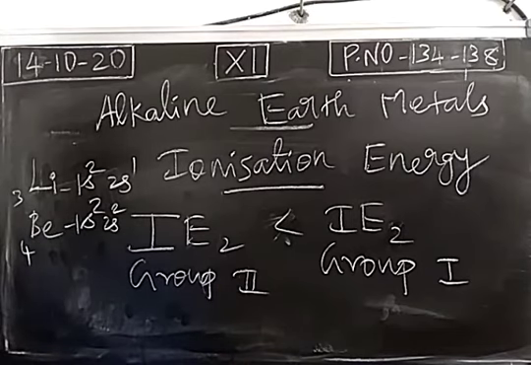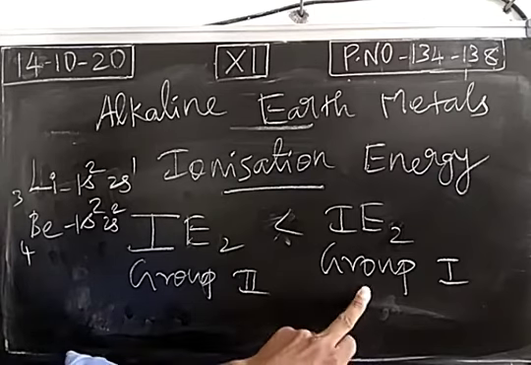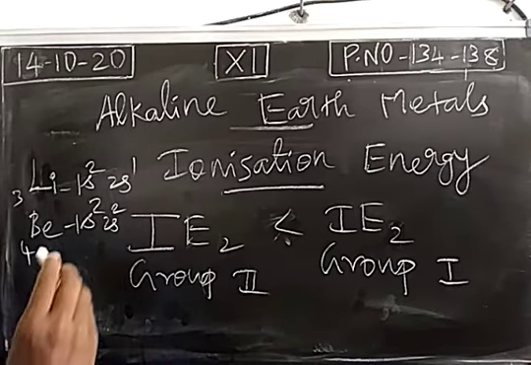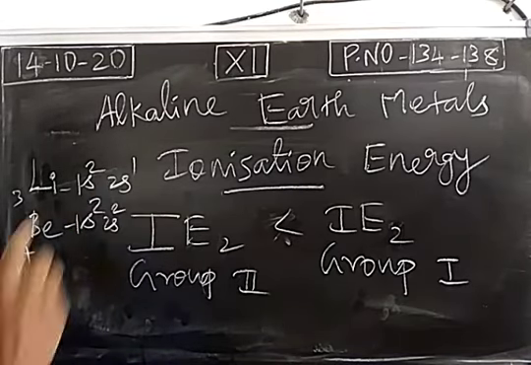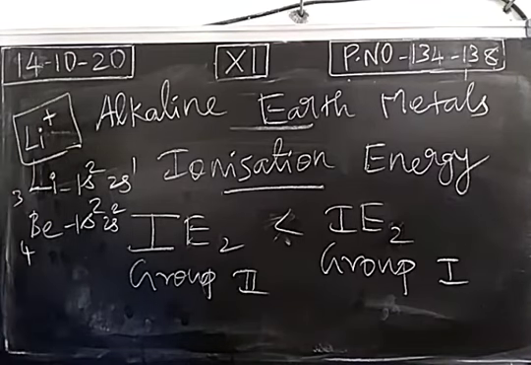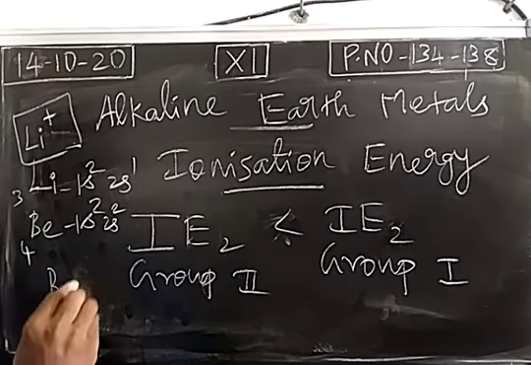If you take second ionization energy, first group elements will have more value, because when you remove the first electron, lithium will become lithium cation. The energy required to remove the first electron is called the first ionization energy. Beryllium will become beryllium plus.